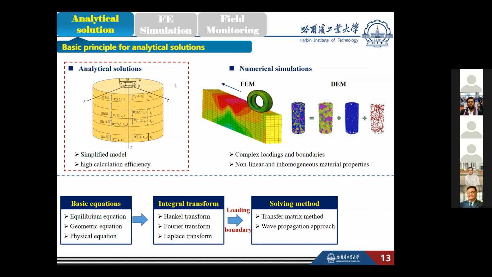Then we introduce the loading conditions or boundary conditions by utilizing the transfer matrix method or wave propagation approach. We could then derive the solution of a multi-layered pavement system. After the numerical inversion, we could eventually get the results.